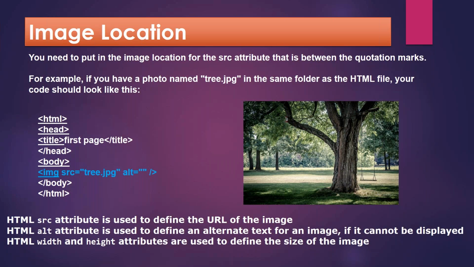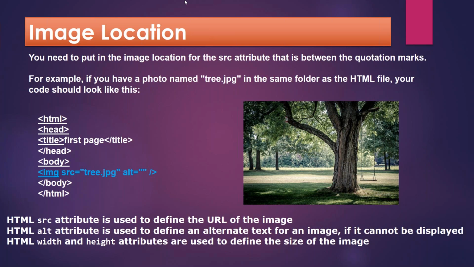Just imagine I have put the tower image there, but the tower image is not present inside the folder, or the tower image may be missing. At that point of time, what should your browser do is the question. So at that time we always say that here in the image source equals to whatever image name, we can write something called alt. Alt means alternative. If your image is not available, it will prompt you this message which you have written in this alt.